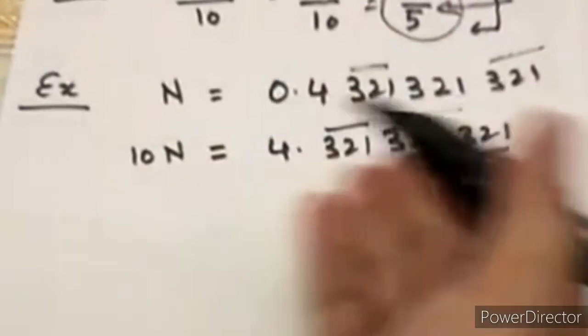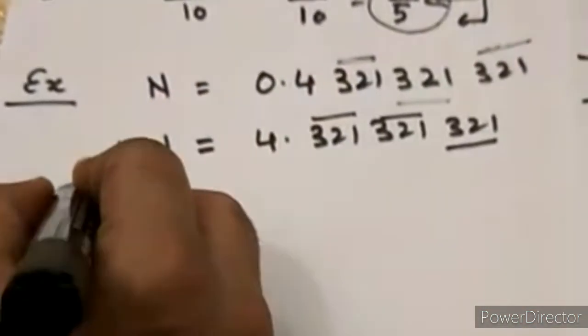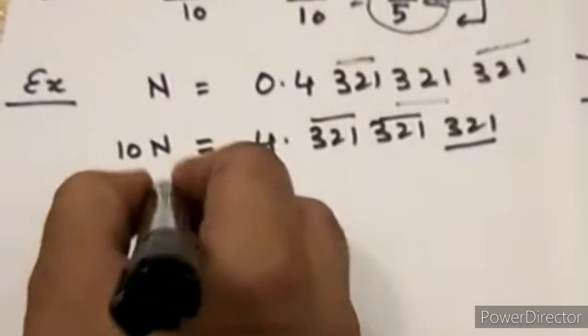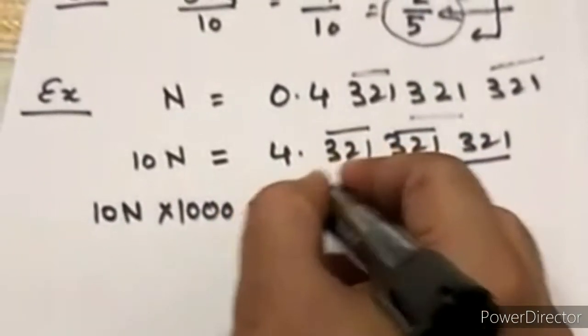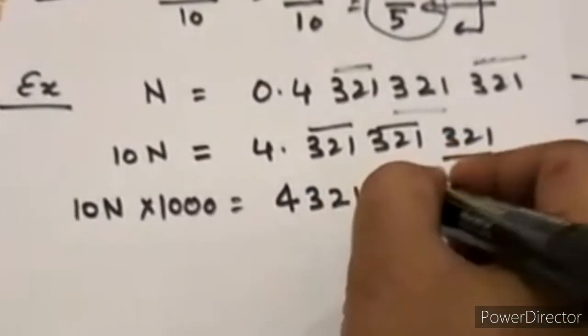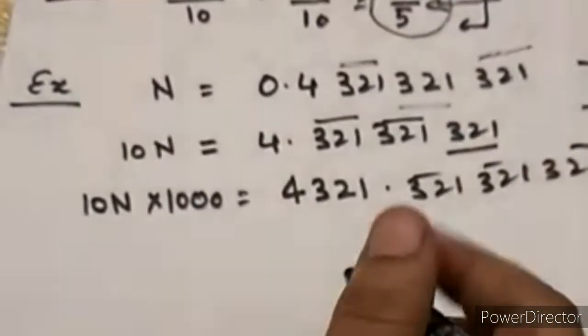Here there are 3 numbers, so we will multiply by 1000. 10n into 1000 equals, if we multiply, it becomes 4321.321.